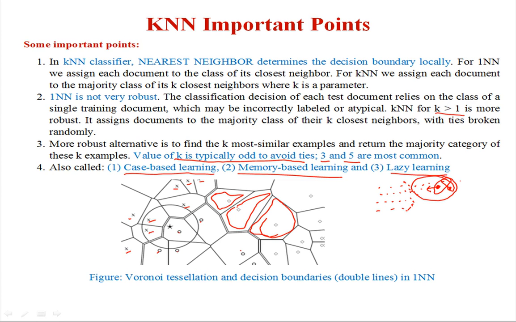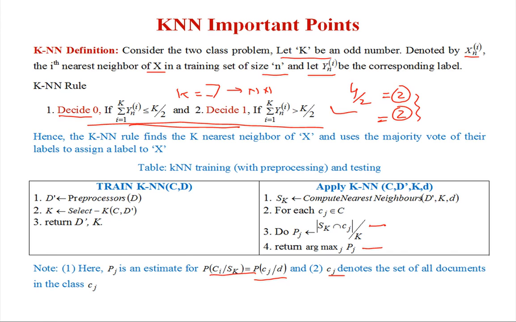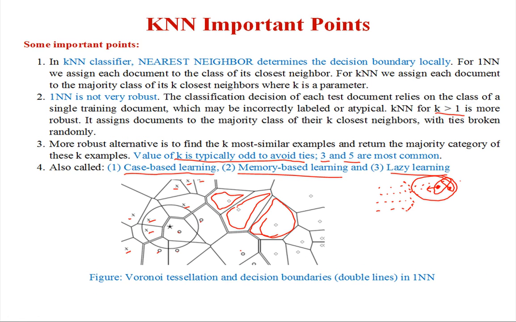Means after getting the document sets, we pre-process them, separate the documents into their classes, identify the k, and then put everything into memory. Then for new documents we calculate the class by using the data preserved in the memory.